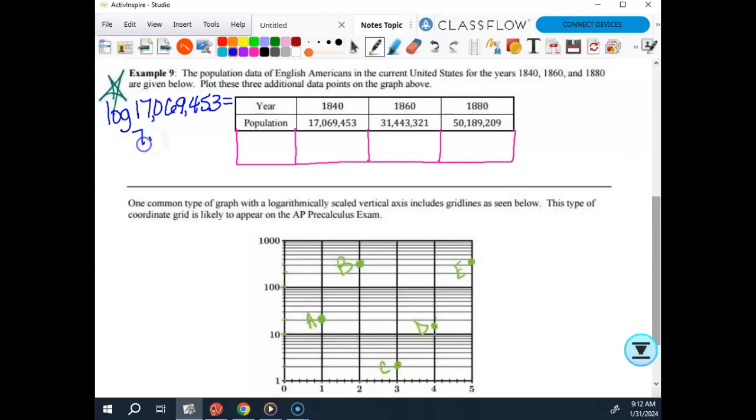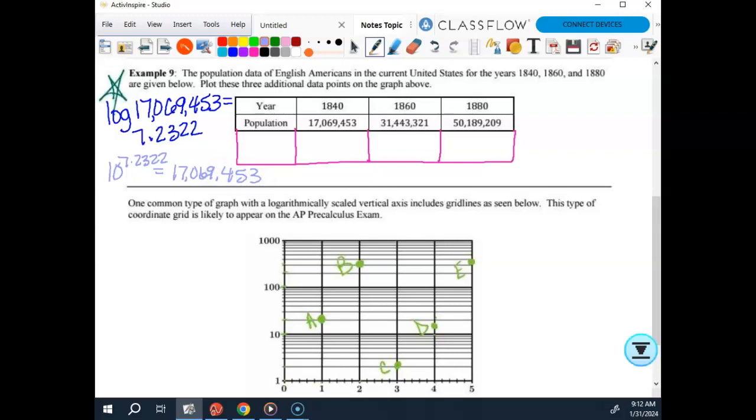You get 7.2322. If you're thinking that's great, but you're still not sure what it means, well, if I rewrite this as an exponential, remember my base is 10. This means that 10 to the 7.2322 power equals 17,069,453.